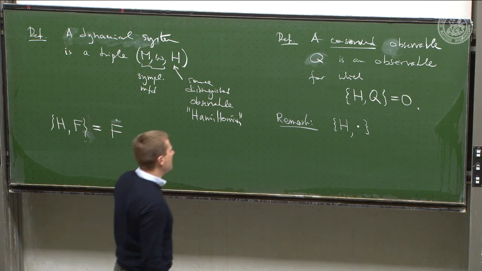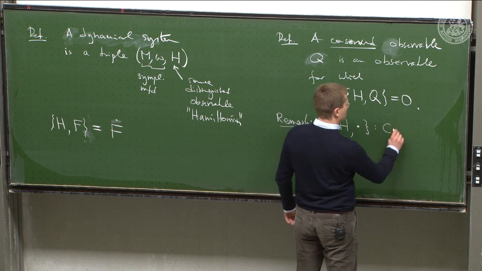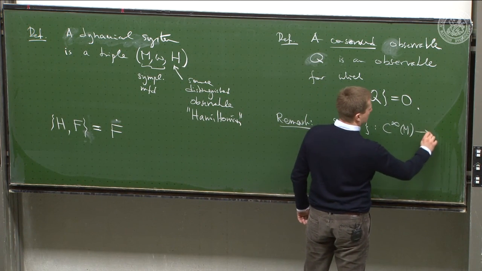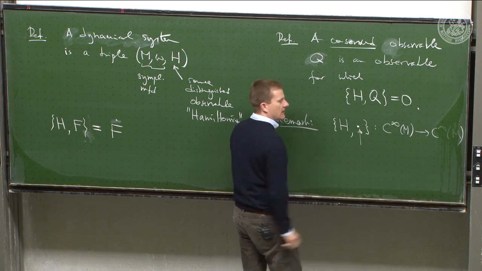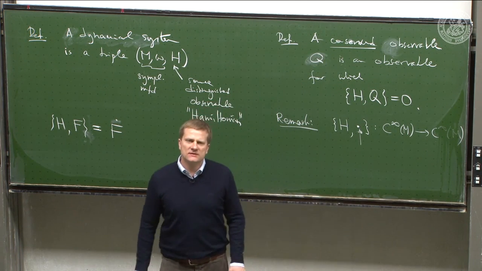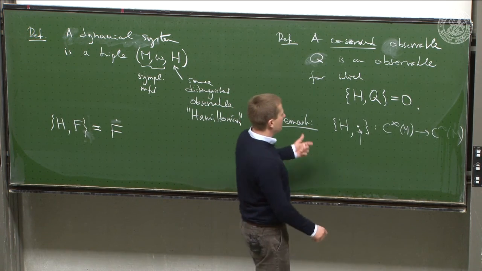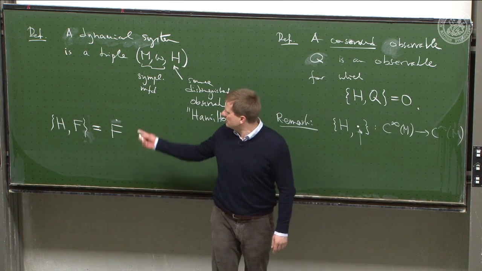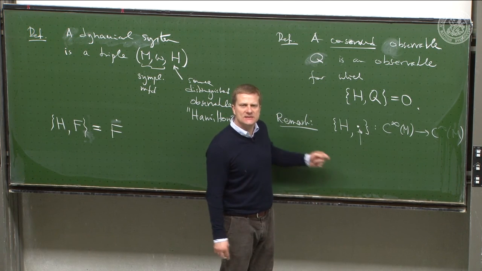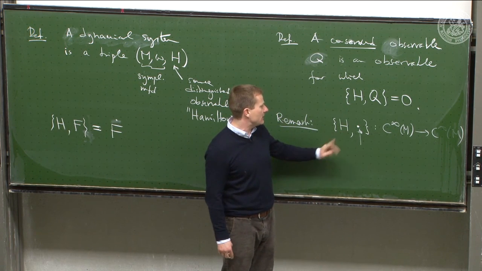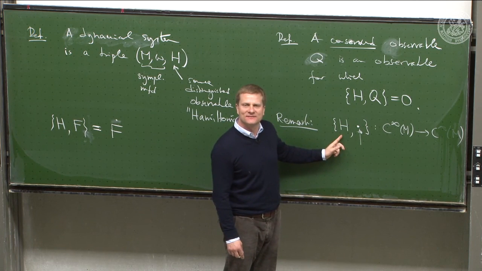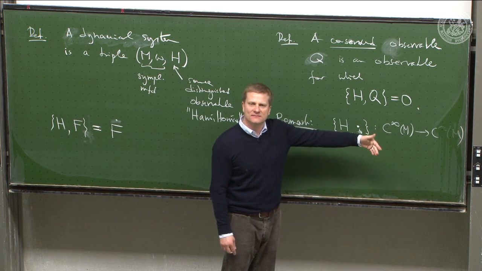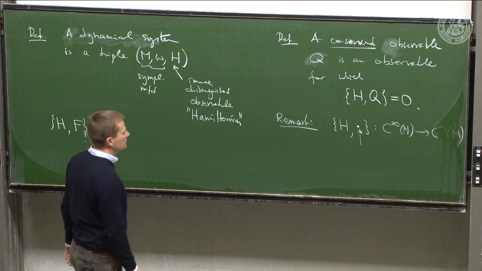Obviously, this is a map that takes an observable into an observable linearly, because it's the observable I can plug in here. So these guys appear, for instance, if you write down the formal solution of this problem, you write it as e to the, if the H is time independent, e to the t times this object, which then acts repeatedly, and you expand the solution.